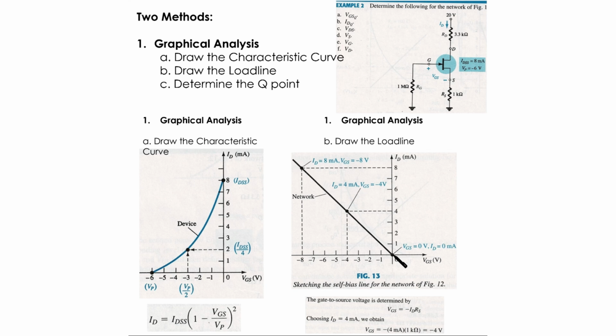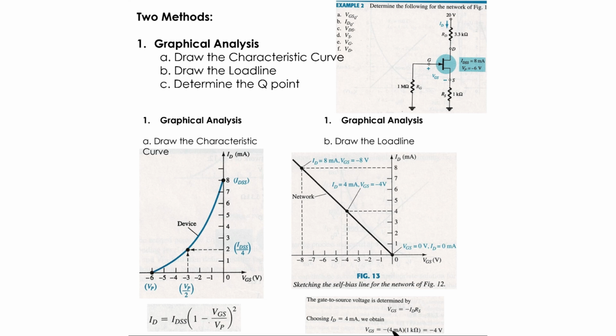Say, for example, that ID is equal to 0. If ID is equal to 0, what will be VGS? That is also equal to 0. So we have this point. When VGS is equal to 0, then ID is also equal to 0. Let ID be equivalent to 4 milliampere. Substituting it here, 4 milliampere multiplied by RS, which is 1 kilo ohm, will result in VGS equal to negative 4 volts.